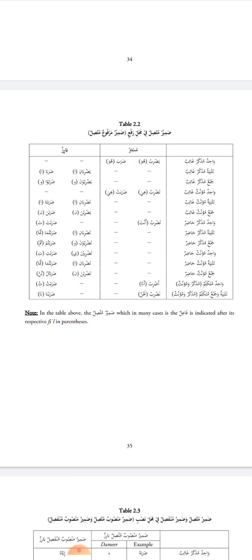Huwa is hidden inside the first siga, inside yadribu, he hits or will hit. So huwa is hidden inside the fi'l yadribu, and it's the fa'il of yadribu. Dhamir mustatir, hidden pronoun.